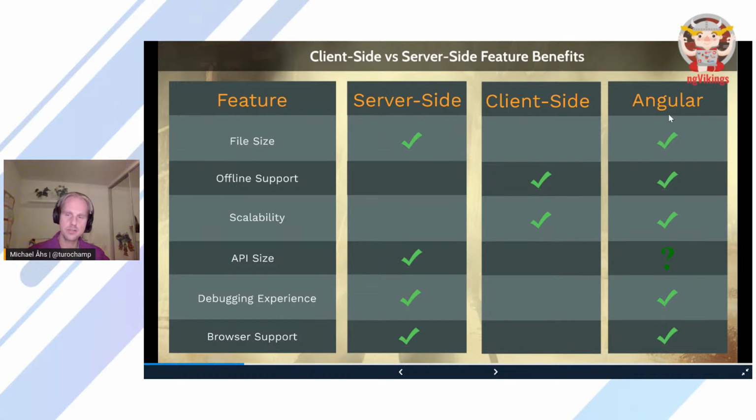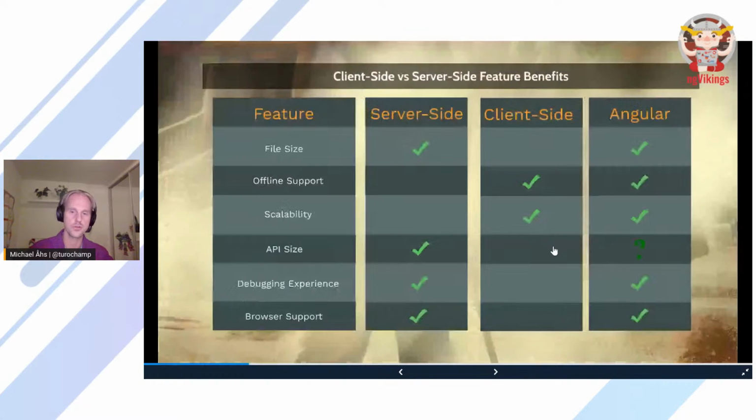But in contrast, Angular's got it all. It's a safe choice. It's a check on everything, including this one, because it's not relevant for Angular. API size is the .NET Framework API size, where on the server side, you get everything. If you want to write to the console, do so. While on the client side, that's not an option. There is no console to write to. I'm now talking about not the browser console, but the server-side console.